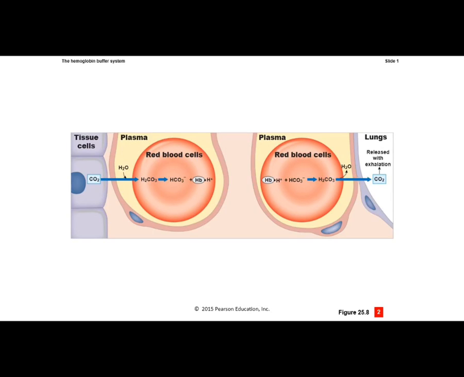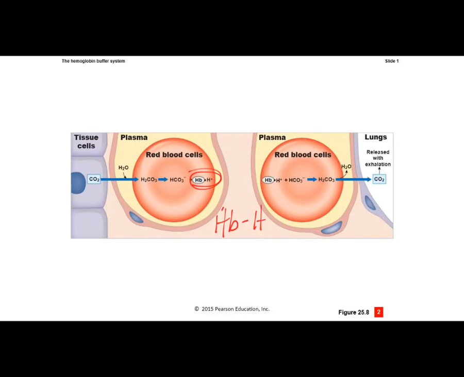So we've been through this story. We know that CO2 comes in, is carried on the red blood cells, that carbonic acid is formed, that then can form the bicarb, and that hydrogen, look at it, it's sticking on, it looks like this, HbH. So what that's showing is that hemoglobin has grabbed that hydrogen and taken it away from solution.